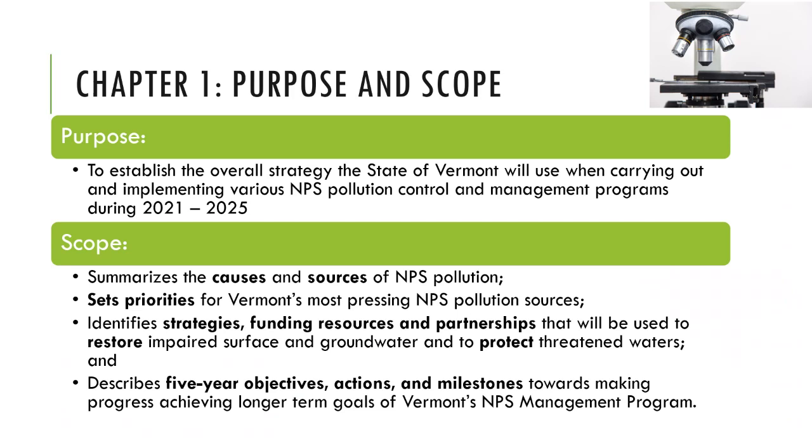It attempts to acknowledge all types of non-point source pollution and address each of those. How do we address each of those? Basically summarizing the causes and sources of non-point source pollution. It talks about setting priorities, so prioritizing the most pressing non-point source pollution sources. How are we mitigating those?